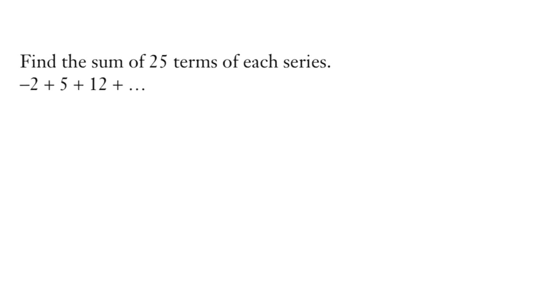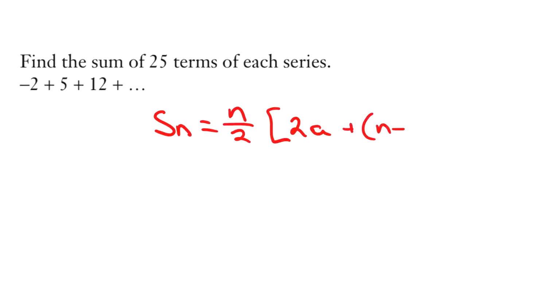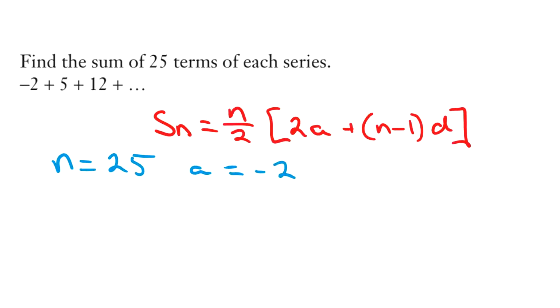Here we have another problem. Again, no last term. So as always, I suggest writing down the formula. Write down what we know. Remember, because we have two negatives there, that is going to change into a positive, so 5 plus 2 is 7.